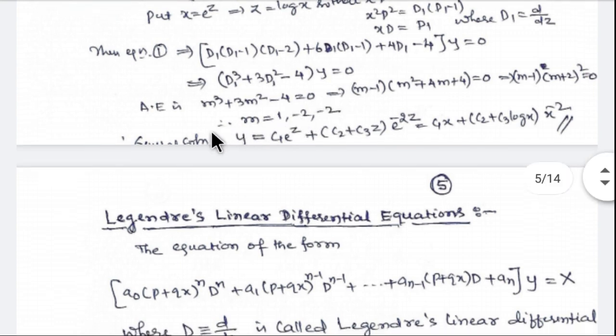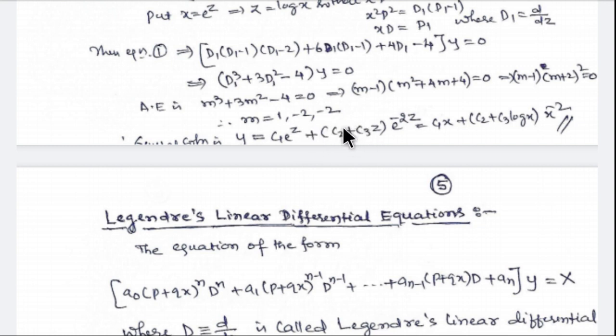So you can write the general solution, or complementary function, directly: y is equal to C1 e raised to z for the non-repeated root, plus C2 plus C3 z into e raised to minus 2z for the repeated roots. This is the general solution of the transformed equation.